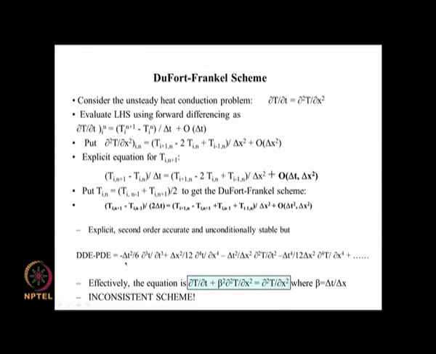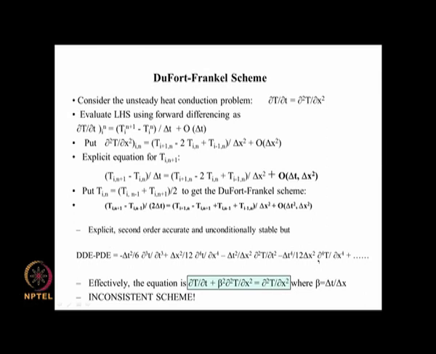If you notice here, this is given as minus Δt²/6 times the third derivative of capital T with respect to time, plus Δx²/12 times ∂²T/∂x² with respect to space, plus (Δt²/Δx²) ∂²T/∂t², minus Δt⁴/(12Δx²) ∂⁴T/∂x⁴, and so on like this.